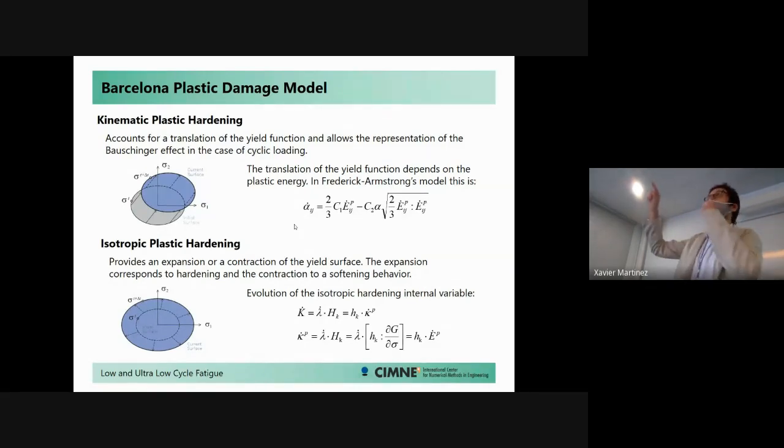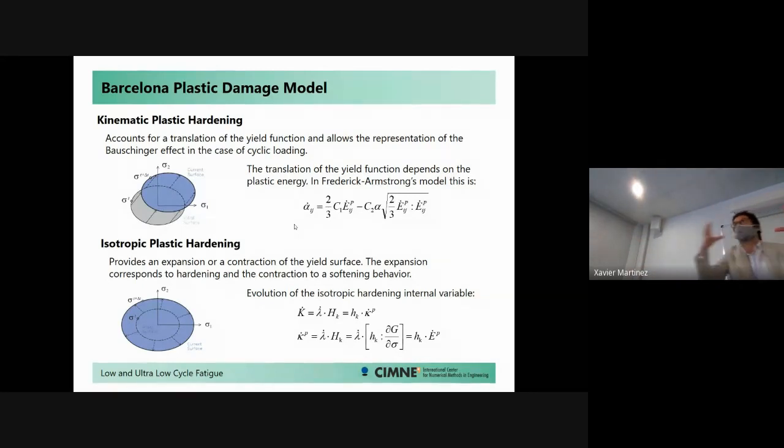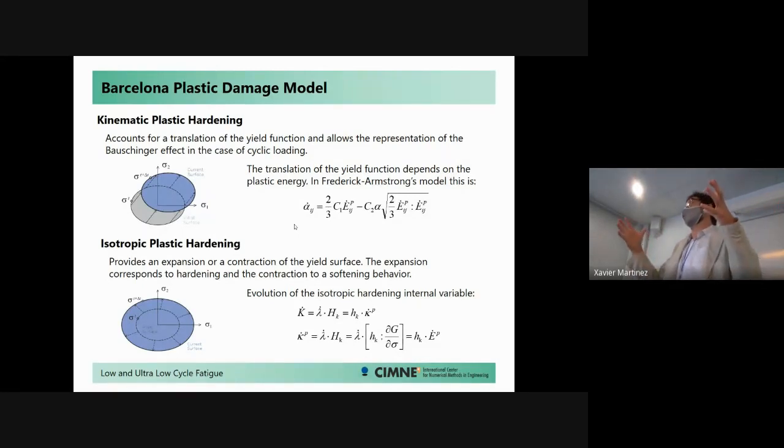If you have hardening, this surface increases as the process evolves, because each time you can apply larger stress. And if you have softening, this surface decreases, giving you less stress as the plastic strain evolves.